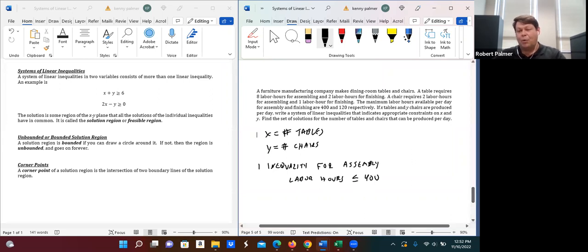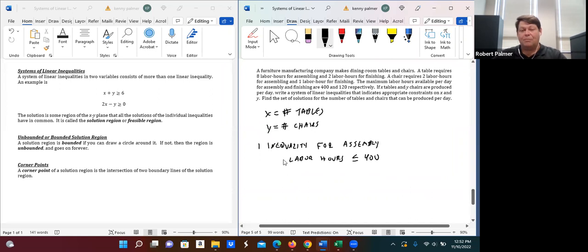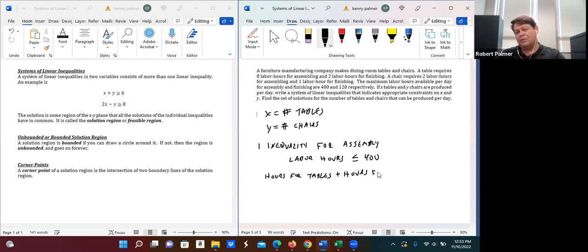Now, what makes up the labor hours are basically the hours for tables plus the hours for the chairs, and the labor hours for each together are going to be less than or equal to 400.